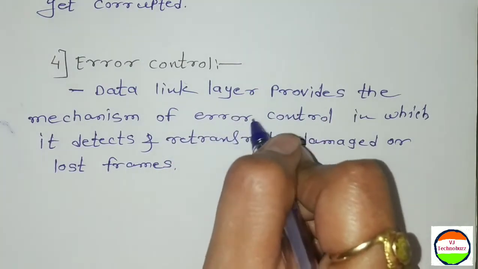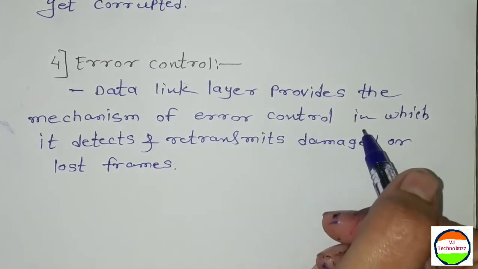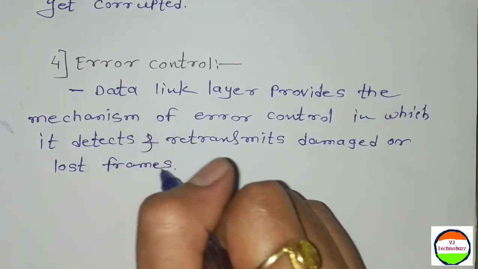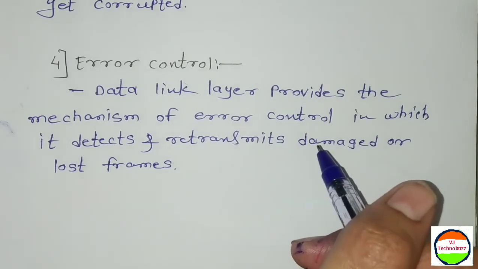The data link layer provides the mechanism of error control in which it detects and retransmits damaged or lost frames.